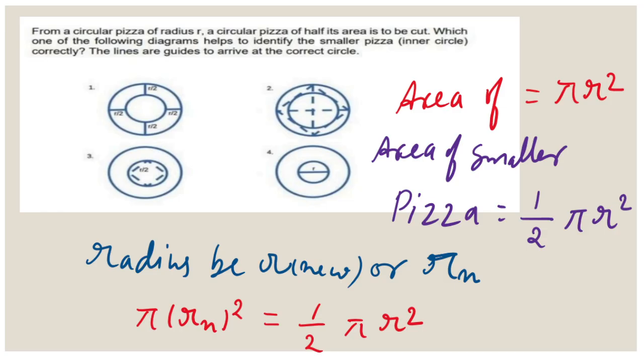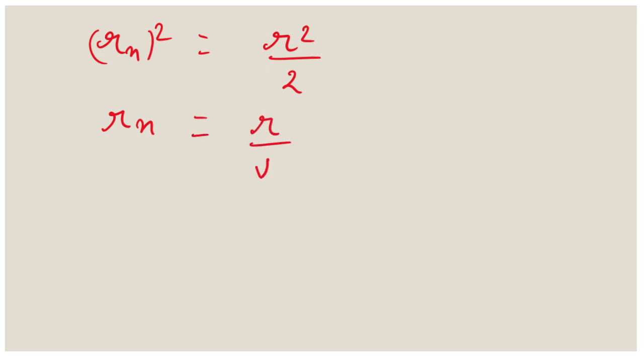From here we can find out Rn. So pi to pi will be cancelled out and Rn square will be r square by 2. So from here we get Rn is equal to r by root 2, correct?